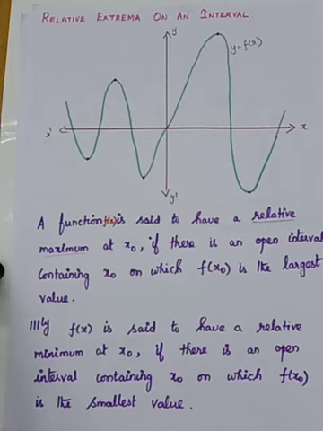In a small open interval, the point at which the function attains maximum is called the local maximum or relative maximum.